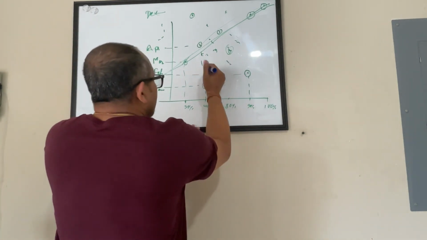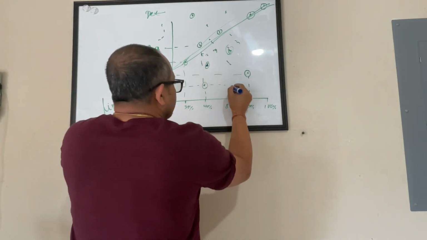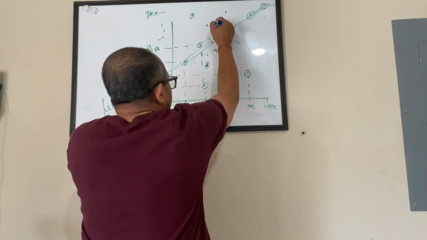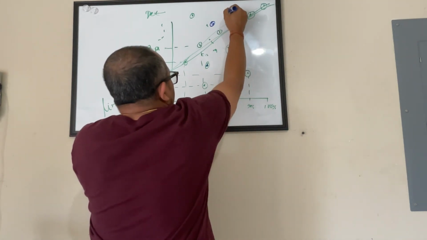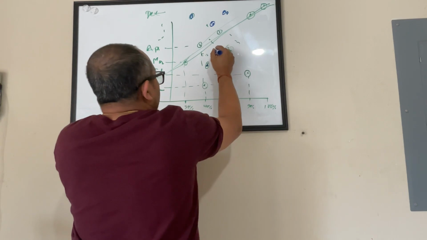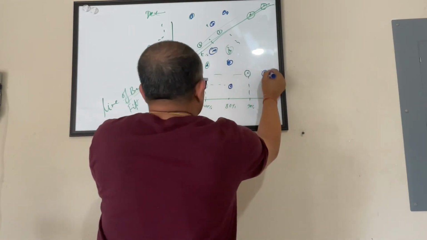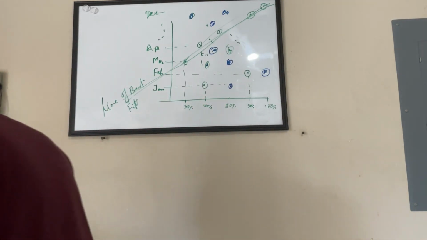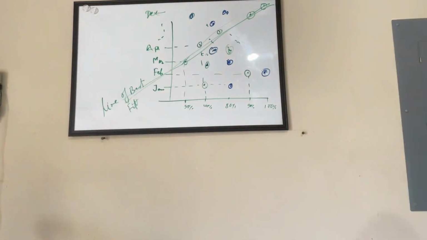Let's say the second boy's marks are in blue color, and there is a third boy whose performance is plotted in red color.